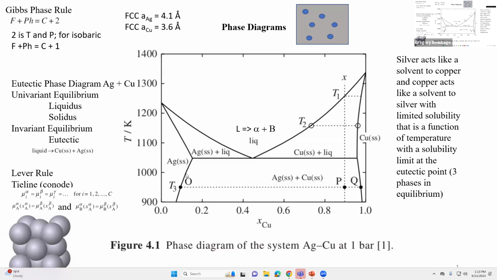So the tie line between these two, if you were here at P, is almost pure copper with a little bit, maybe 10% silver FCC crystals in it. You use a tie line to say what the micrograph is going to look like. You look at the micrograph, you have little dots in it, about 10%.